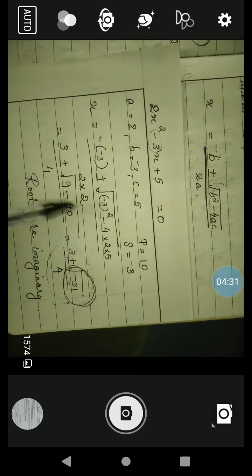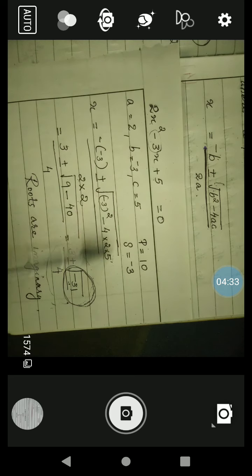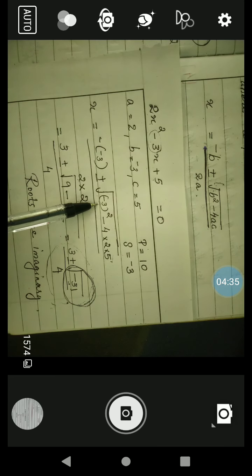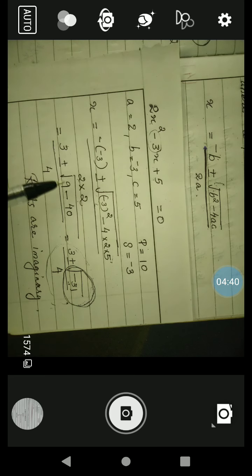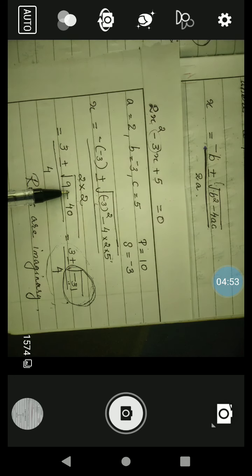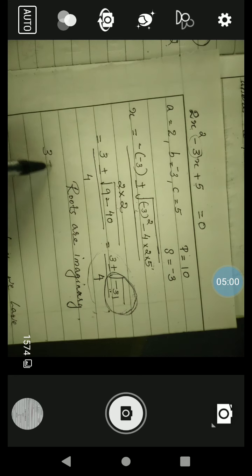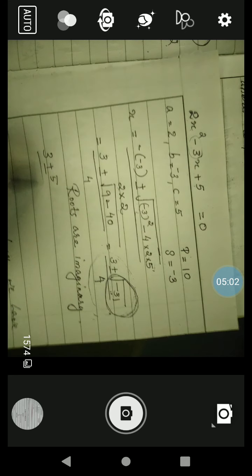So, with the help of this value, that means the discriminant, we can examine or find the nature of the roots. Suppose you just assume this value is root of 25. We know root of 25 is 5. So, we will get 3 plus or minus 5 by 4.